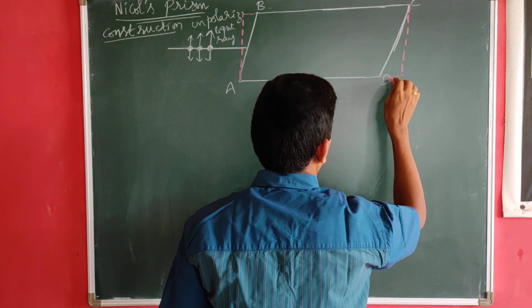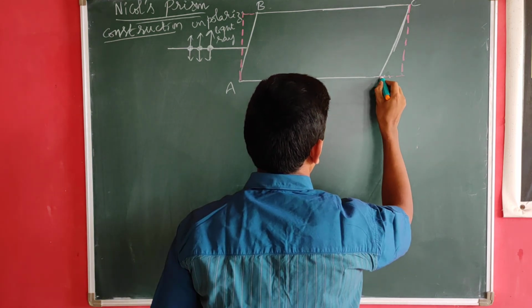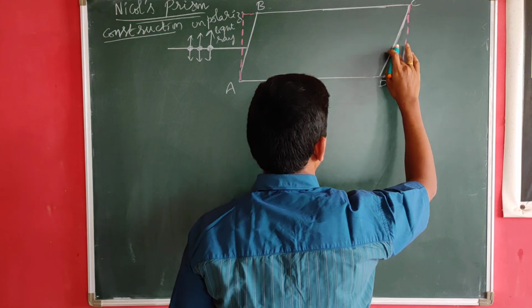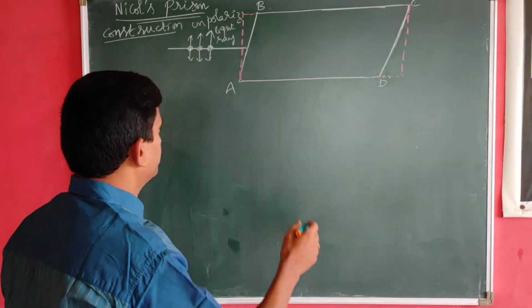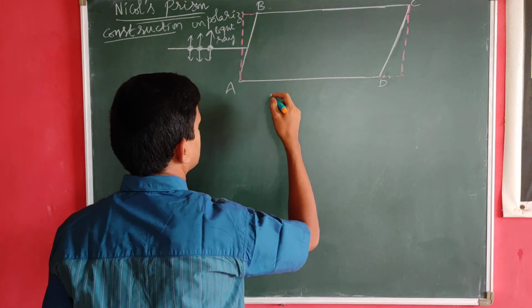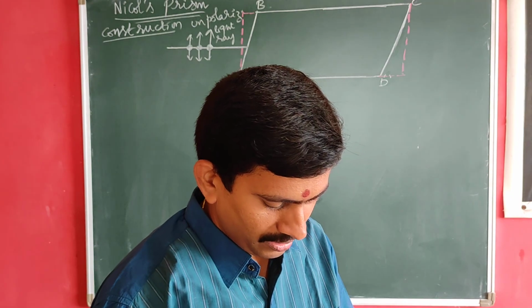For manufacturing this particular Nicol prism, we grind it in such a way that the angles in the principal plane become 68 degrees and 71 degrees.